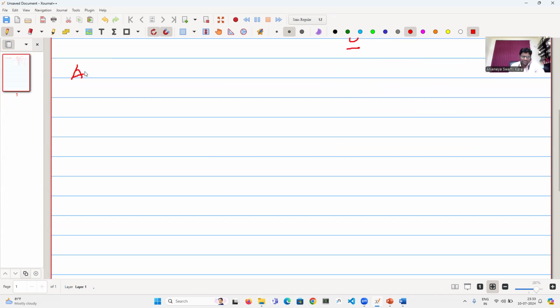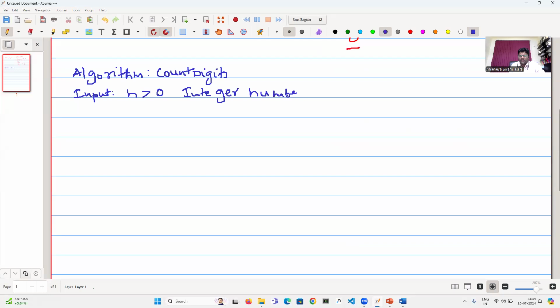Algorithm: count digits. Input: a number n greater than 0, basically an integer number.